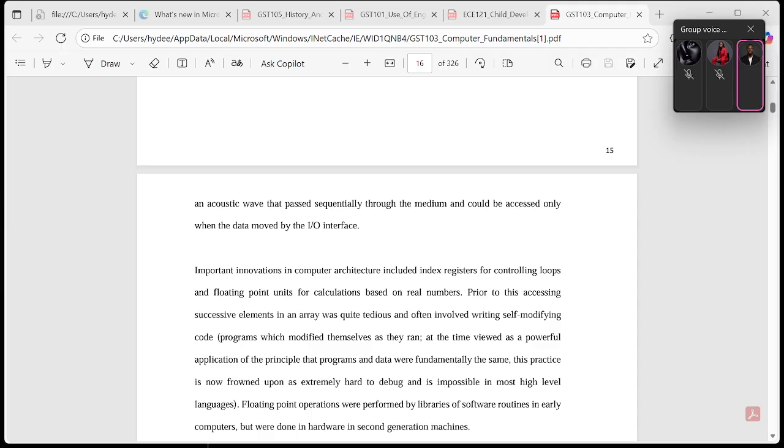So when I say index registers for controlling loops, you go back and forth in your computer system. It was the index registers that did it, controlling your pause and play, your continuation of a particular software or where you stopped. That's the index registers.